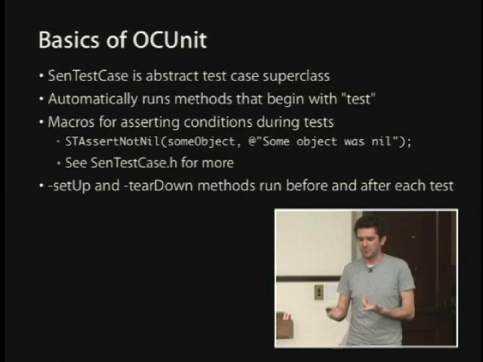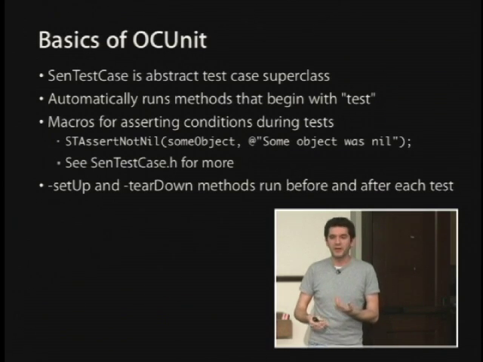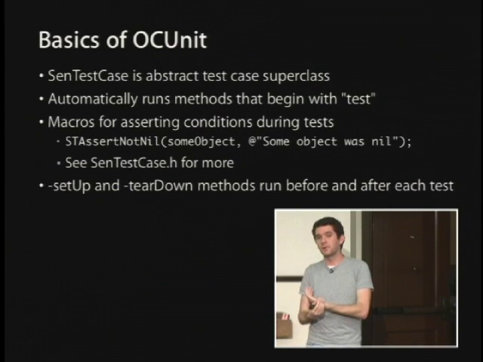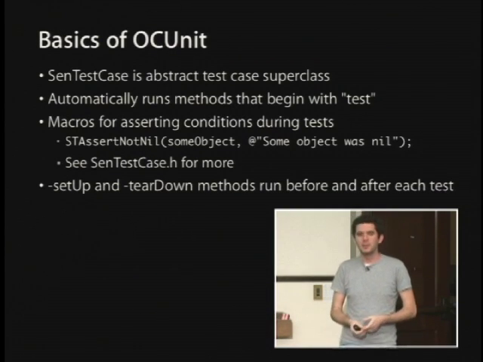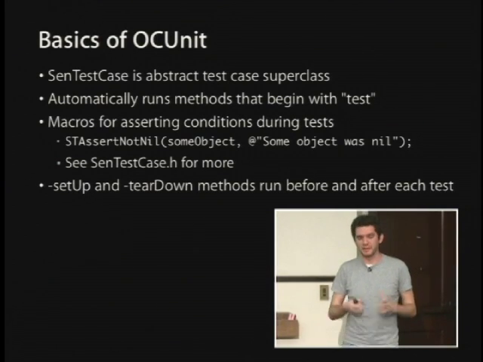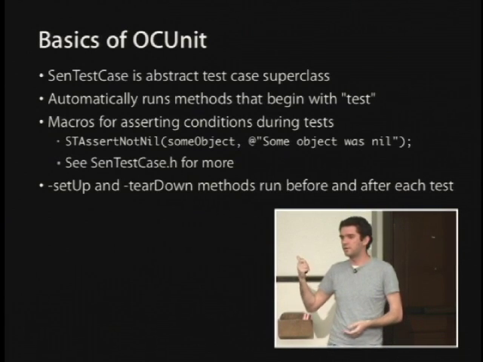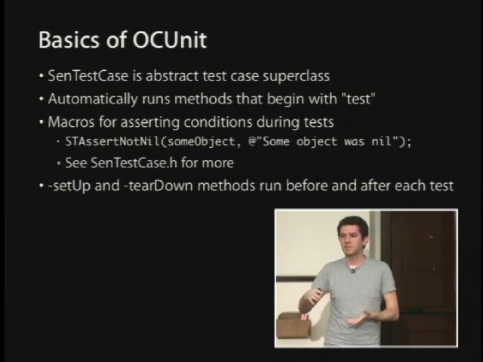But there's all kinds of things from verifying that an object's nil, that an object's not nil, that two objects are equivalent, that they're not equivalent, that a particular exception has been thrown, that no exception has been thrown. You can basically document using all these assert macros exactly what is supposed to happen as a result of different calls and at different points in the execution of the test.